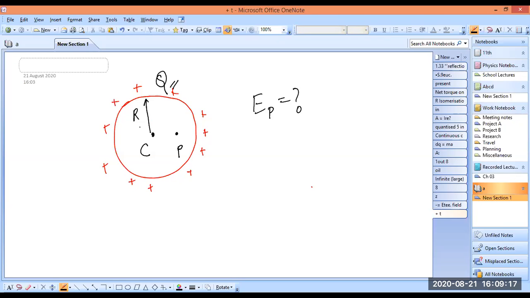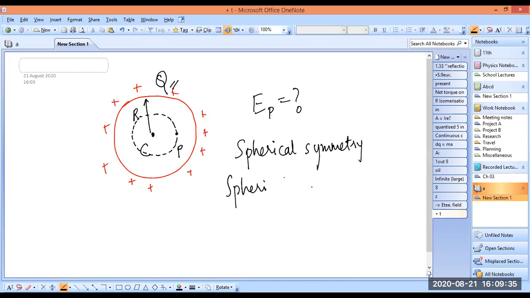Okay, so what we'll do is we will draw Gaussian surface. Again, we will exploit the spherical symmetry that we talked about yesterday, and we will draw a Gaussian surface like this, that is a sphere, right?